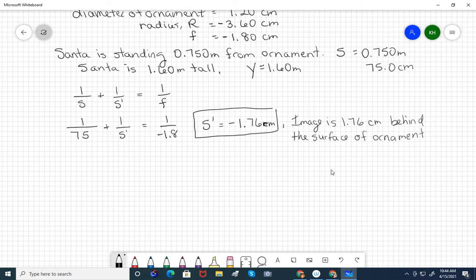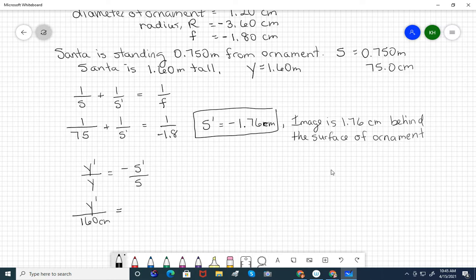If we look at his image height, to get that we can use y prime over y is negative S prime over S. We don't know y prime, but we know that he is 1.6 meters or 160 centimeters.